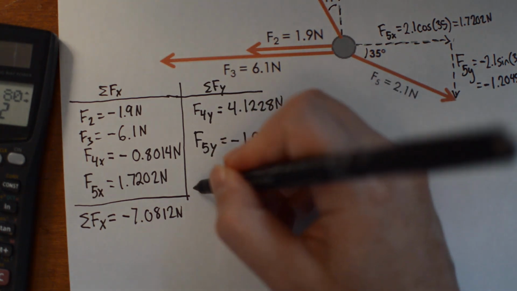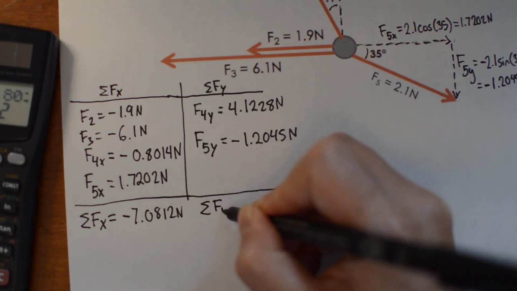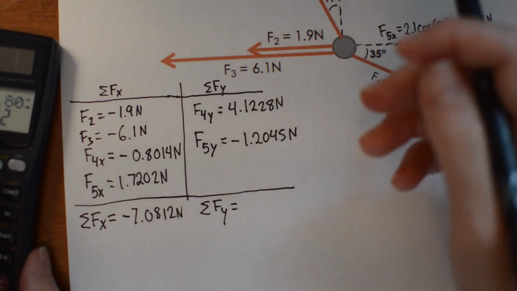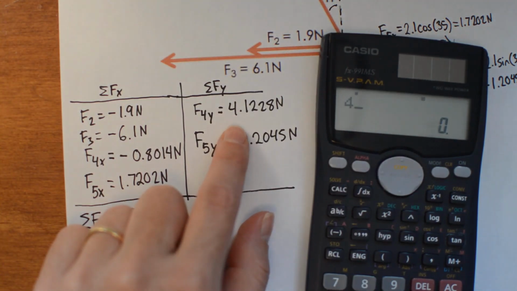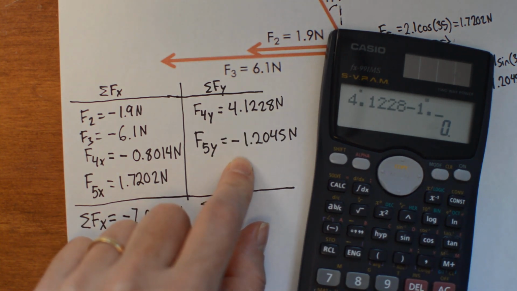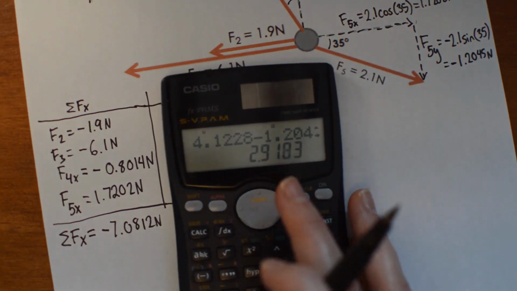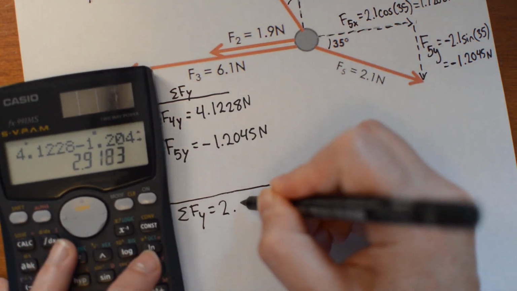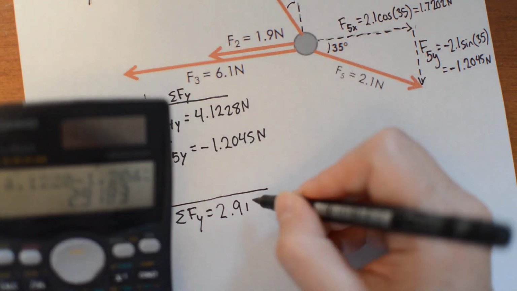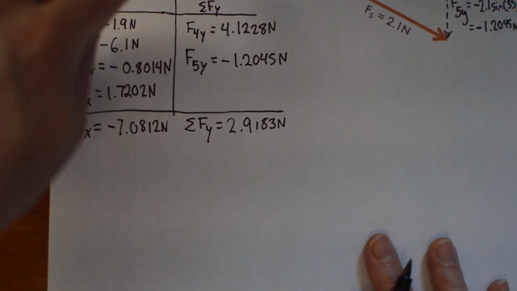Do the same thing with y here. So the net force in y is going to be these numbers added together. So that's my 4.1228 plus the negative 1.2045. And that gives me 2.9183 newtons.